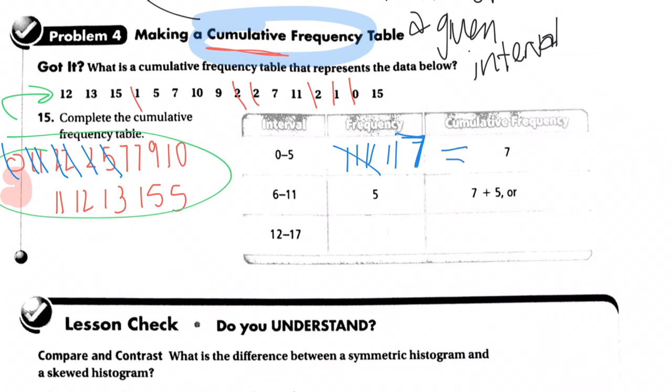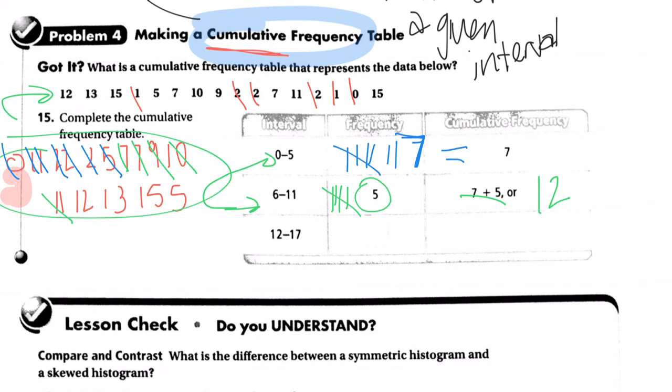Now, from 6 to 11, we have 7, 7, 9, 10, 11. So 1, 2, 3, 4, 5. Cumulative frequency is 7 plus 5. That means what is in this current row, added to what we have already had. So 7 plus 5 is 12.